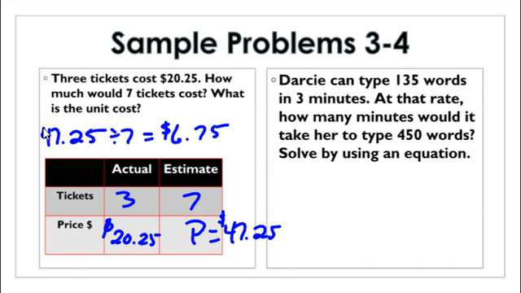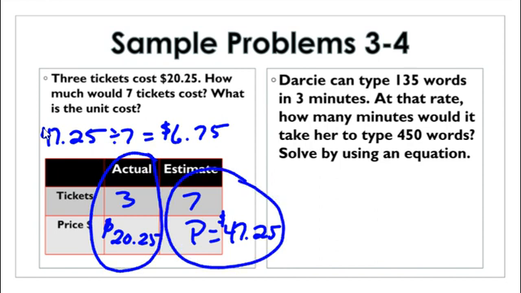Make sure you read the question carefully. So first we had to answer how much would 7 tickets cost, and that's what we did. And then to find the unit cost, you can either use this set of numbers or you can use this set of numbers to find the unit ratio or the unit cost.